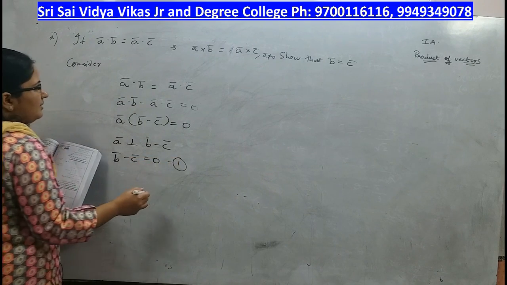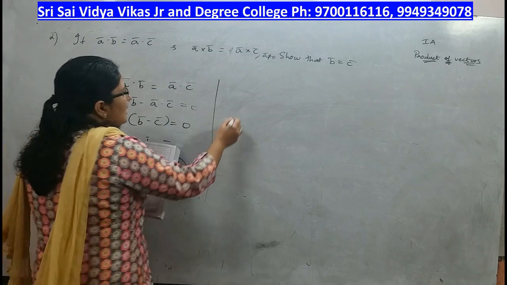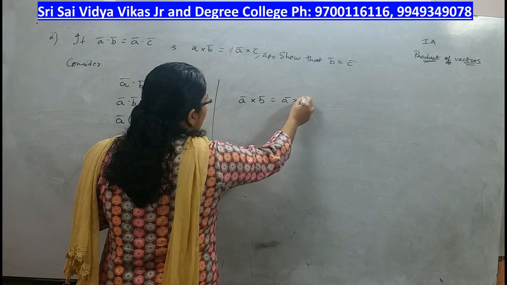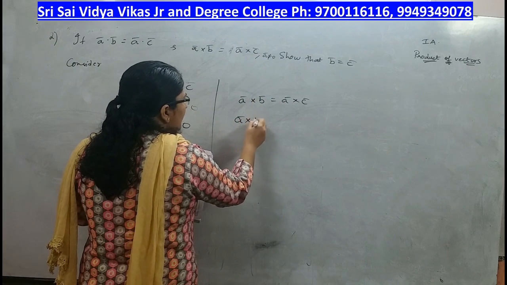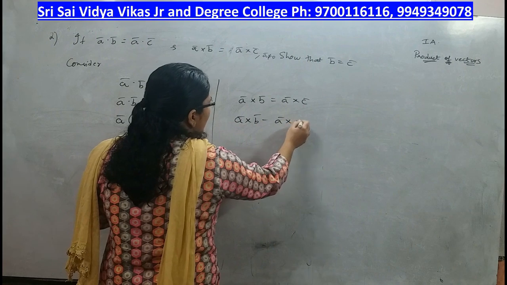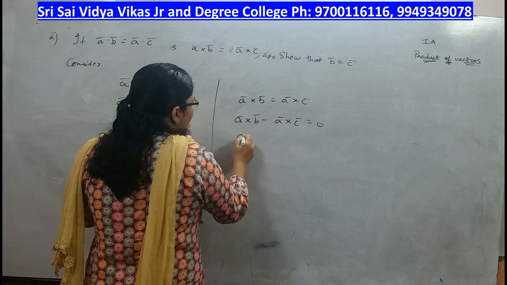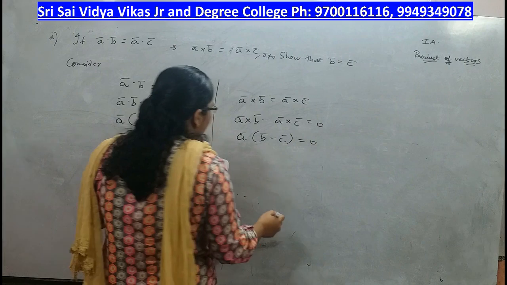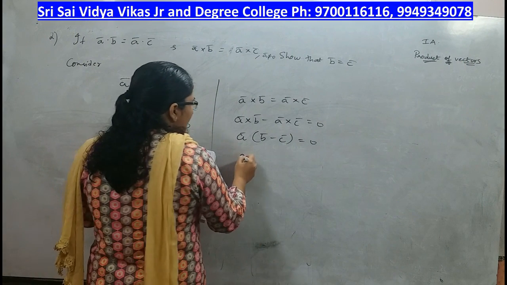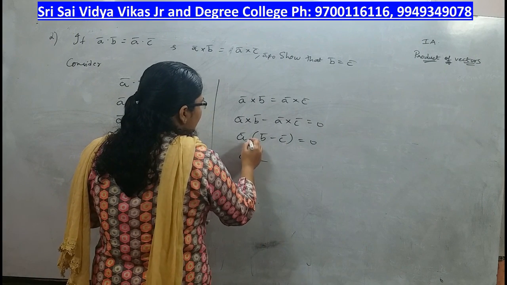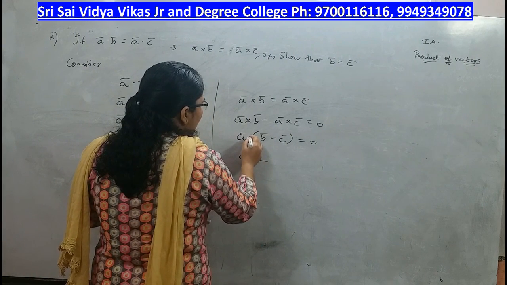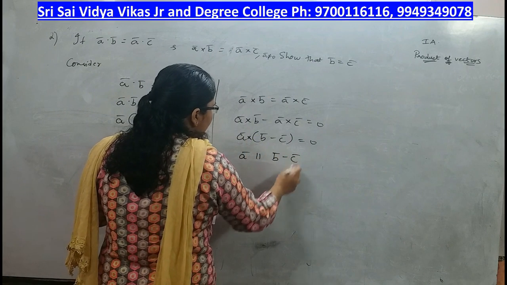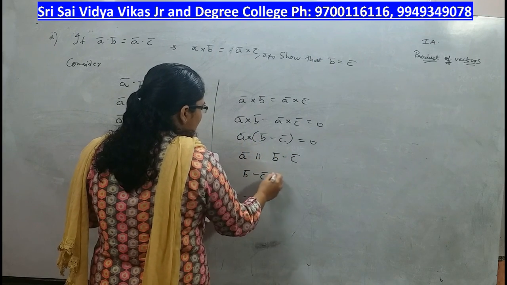Call this as 1. Again, a bar cross b bar is equal to a bar cross c bar. A bar cross b bar minus a bar cross c bar is equal to 0. A bar cross b bar minus c bar is equal to 0. A bar is parallel to b bar minus c bar, or b bar minus c bar is equal to 0.